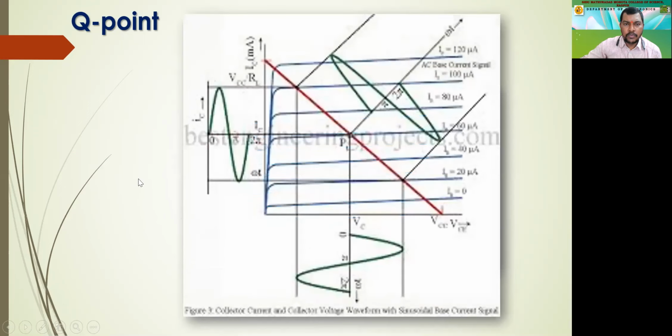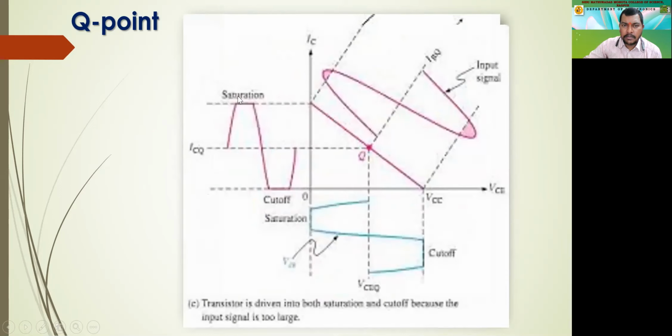Okay, and if you go to the input in this region, then we have a normal output, and the whole signal is amplified inside this, whereas the output voltage is also amplified over here. So this is VC and this is IC, right? And this is the input base current that we are applying to the base. If you are not working in the active region, then it might go to saturation and cutoff, and the whole signal will not be amplified.